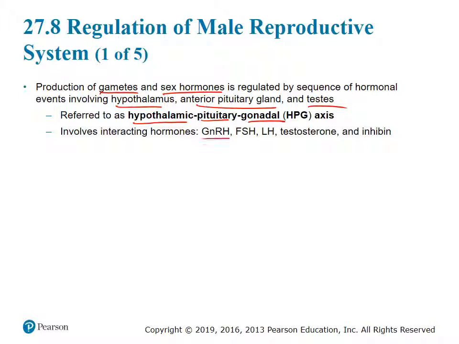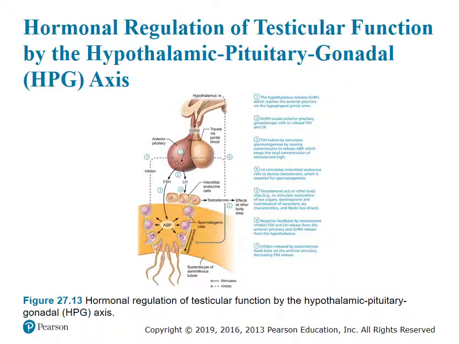So that again involves the gonadotropin releasing hormone, follicle stimulating hormone, luteinizing hormone, testosterone, inhibin, right? So this picture shows you the relationship between all of those, right? The HPG axis, right?